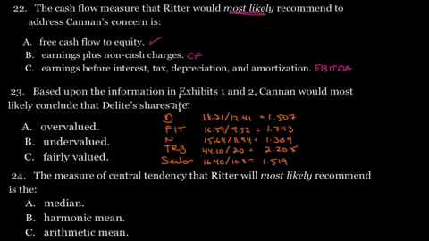23. Based upon the information in Exhibits 1 and 2, Canaan would most likely conclude that Delight shares are over, under, or fairly valued. Well, Exhibit 2 gave us some comparables along with their PE ratio and their growth ratio, their forward PE and their growth ratio. So we, in question 18, had already calculated the forward PE for Delight at 18.71.